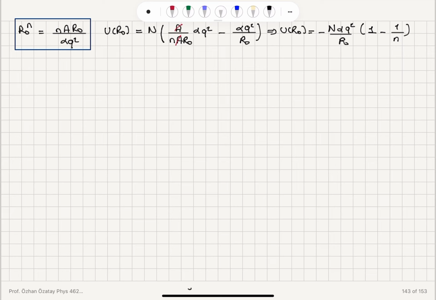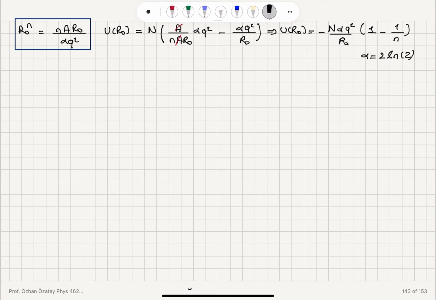And alpha is equal to 2 natural logarithm of 2.